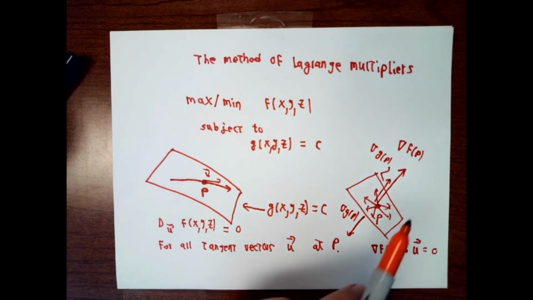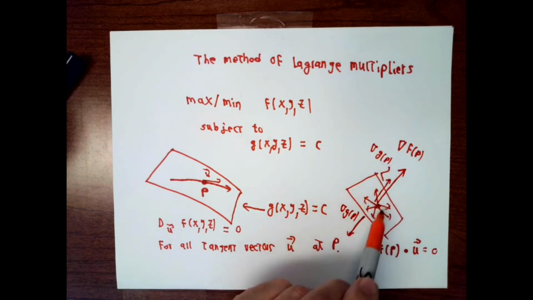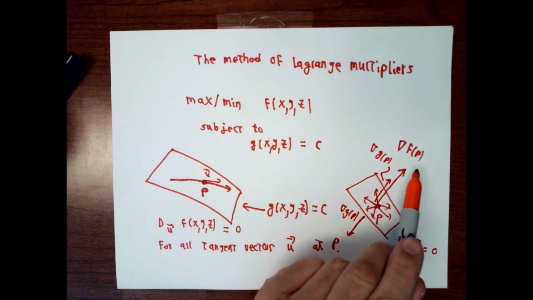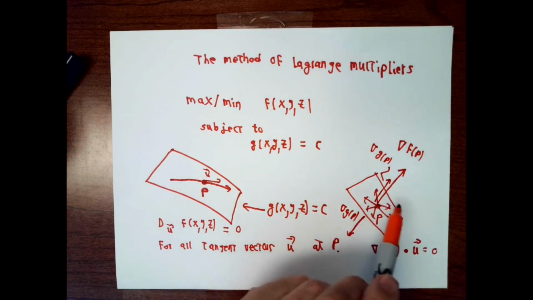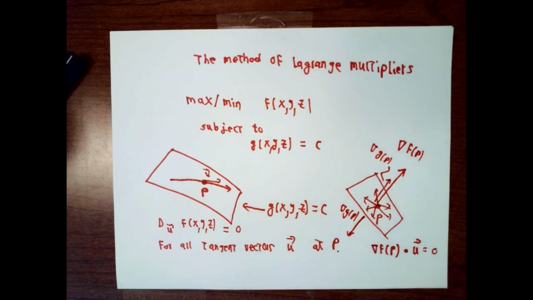It could be that the gradient of g literally points in the same direction as the gradient of f, or it could be that the directions are 180 degrees opposite. In either case, the gradient of f will be some number times the gradient of g.